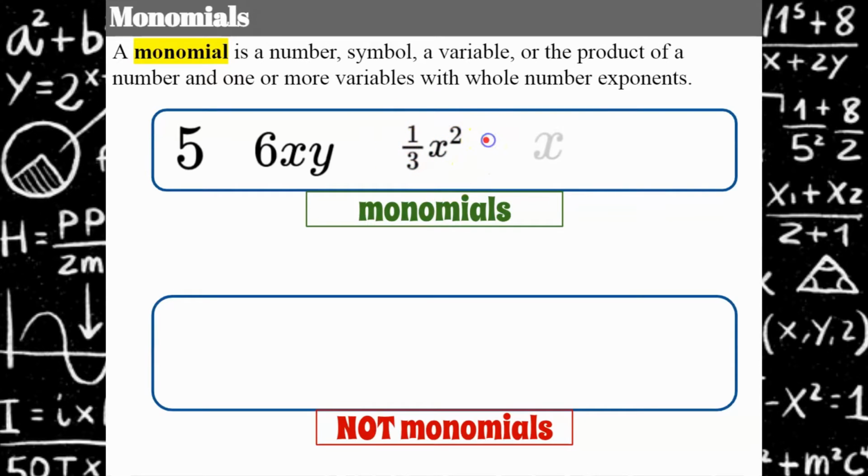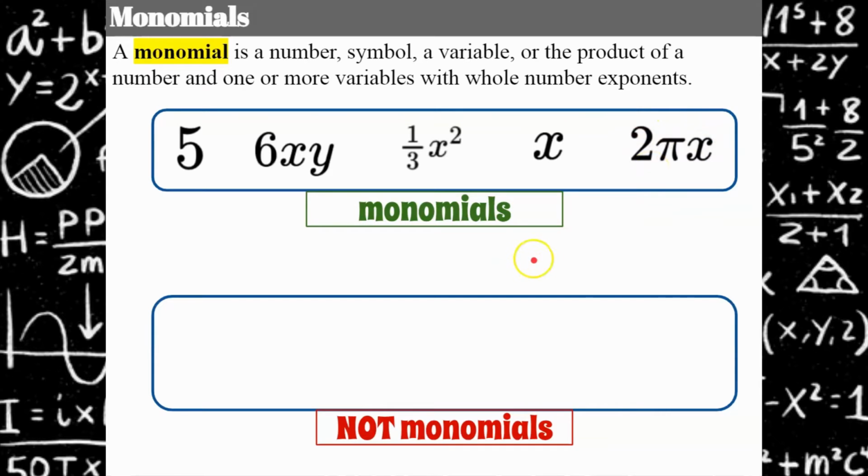It's a term. x, a single variable, 1x with an invisible 1 here, is a monomial. And 2 pi x. Remember, pi is the placeholder for a value, and we use pi because the number is never ending, so it would be impossible to write it down, so we use a symbol instead. But this is a term, or a mathematical expression, that is also a monomial.